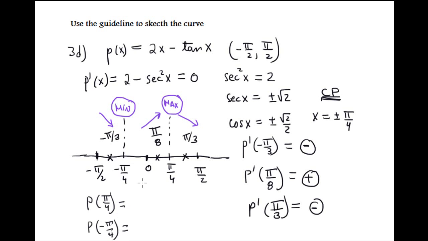The exact answer is pi over 2 minus 1, which is approximately 0.57, and negative pi over 2 plus 1, which is approximately negative 0.57. So we have one local minimum and one local maximum.